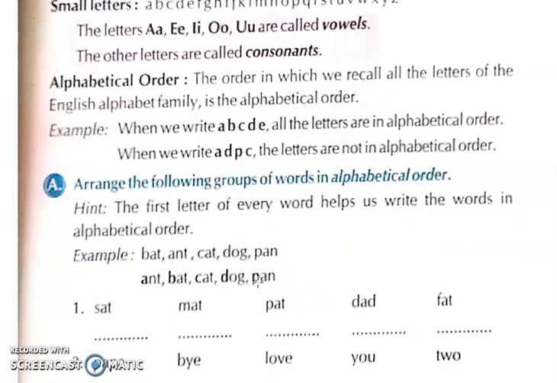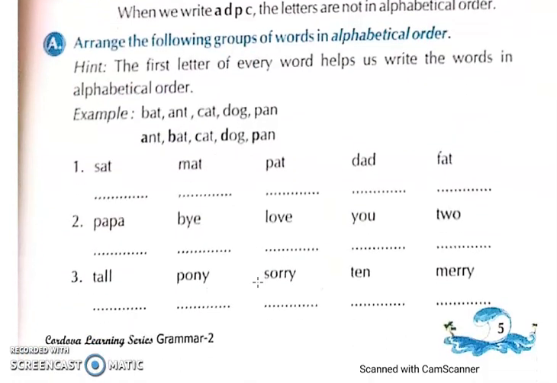Okay. Now, this is a very easy exercise which we have already done in class 1. Arrange the following groups of words in alphabetical order. What we have to do is arrange the words in alphabetical order. Means how do we do it?